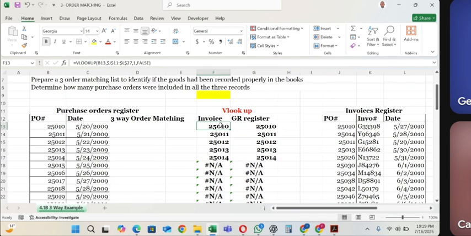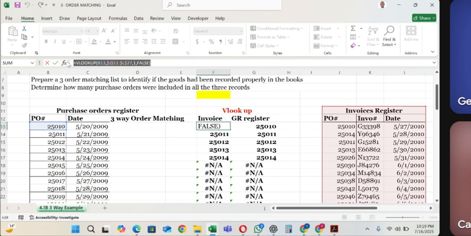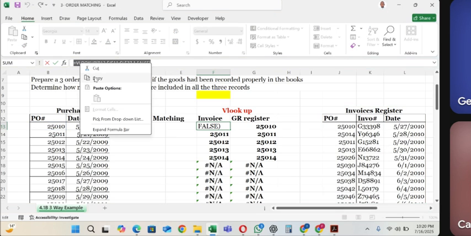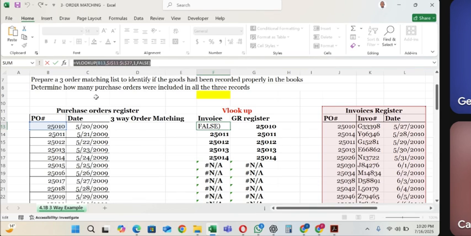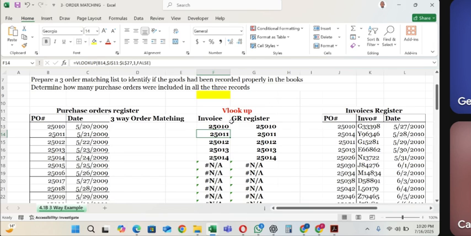Kama zote ziko hivi, hakuna haja interrogation. The true process was done. But kama moja iko hapa, ingine haiko hapa, we have to interrogate so that we know what could have happened, such that we have made the payment, then the goods were not delivered. We need to do now more auditing. Remember, these are the things that when auditors come, they have to check first.